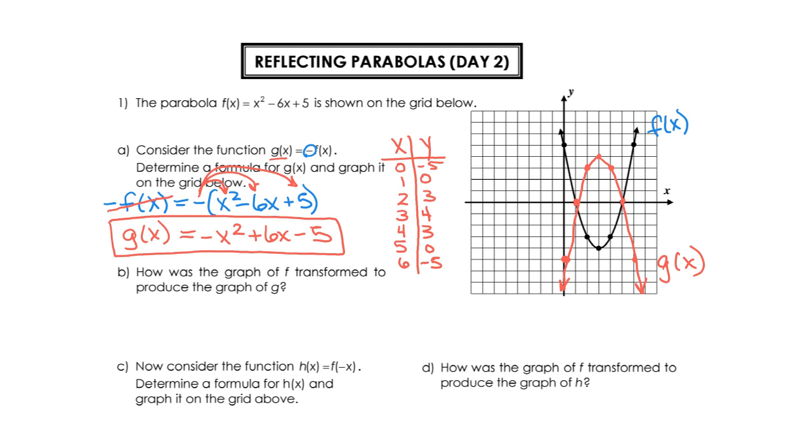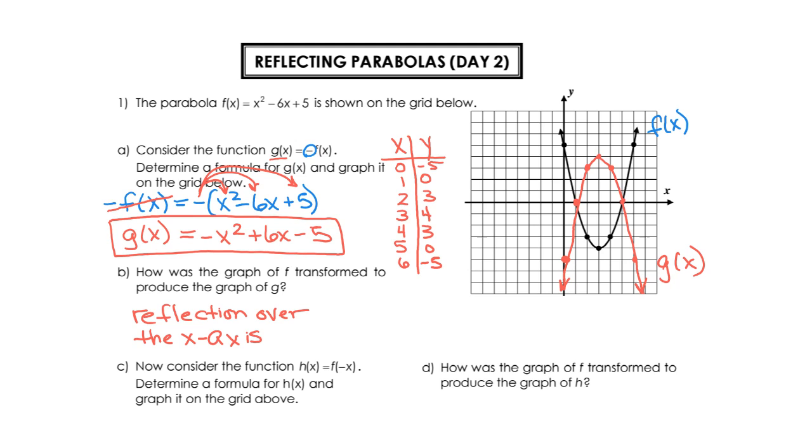Part B says, how was the graph of f transformed to produce the graph of g? If you notice from geometry, this is resembling a reflection over the x-axis. So we're going to go ahead and say that it's a reflection over the x-axis.